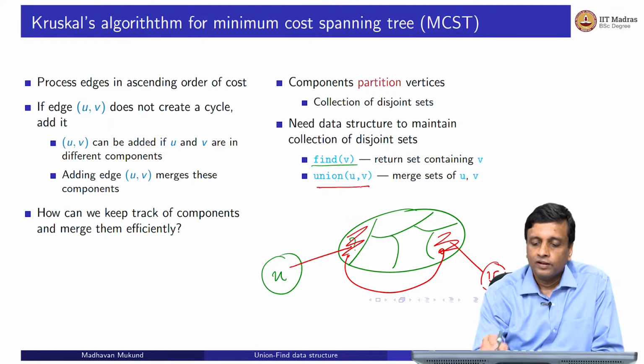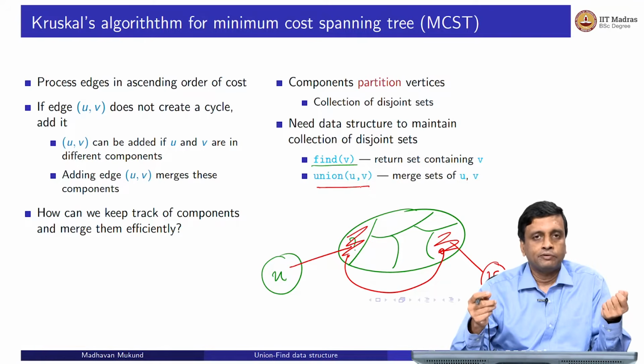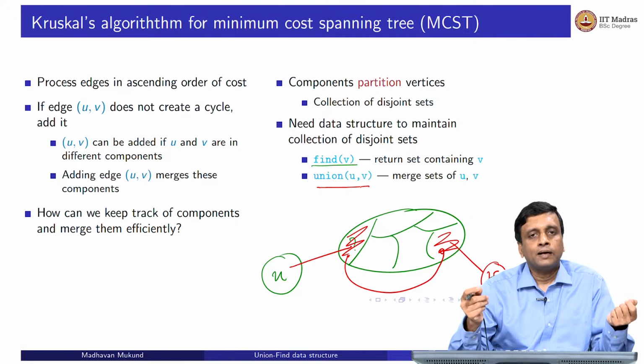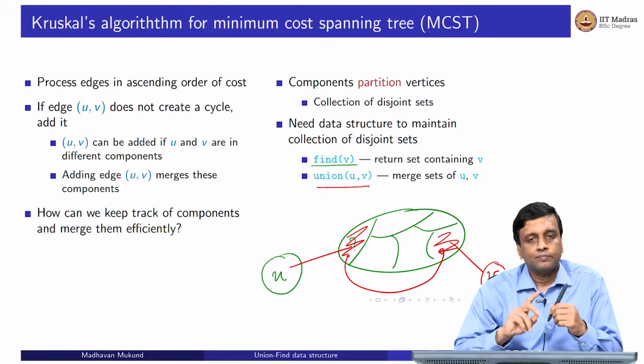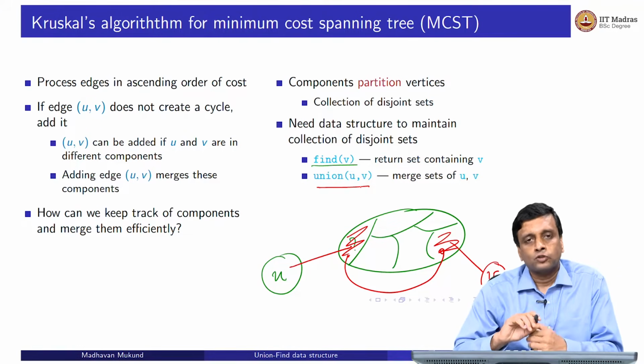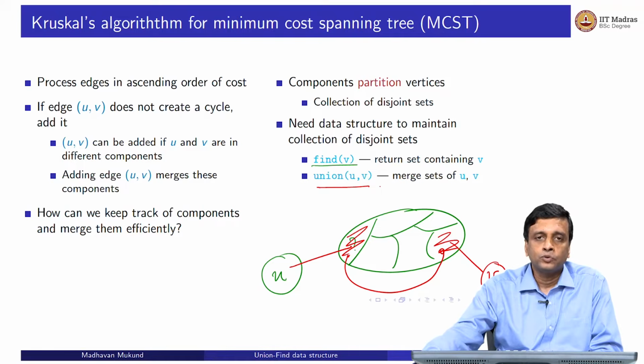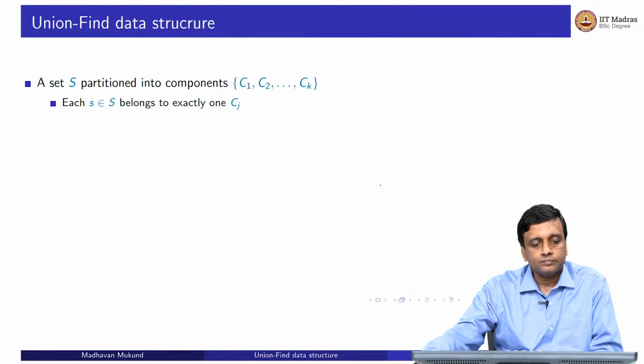So I have to have a second operation which says, given two elements of the set or the collection which I am dealing with, take their partitions and make them into a single partition. So the union operation and the find operation, and what we actually saw in Kruskal's algorithm was this union operation is what took us time, because we had to find all the other vertices which are in the same collection as u, same partition as u, and convert them to the same partition as v.